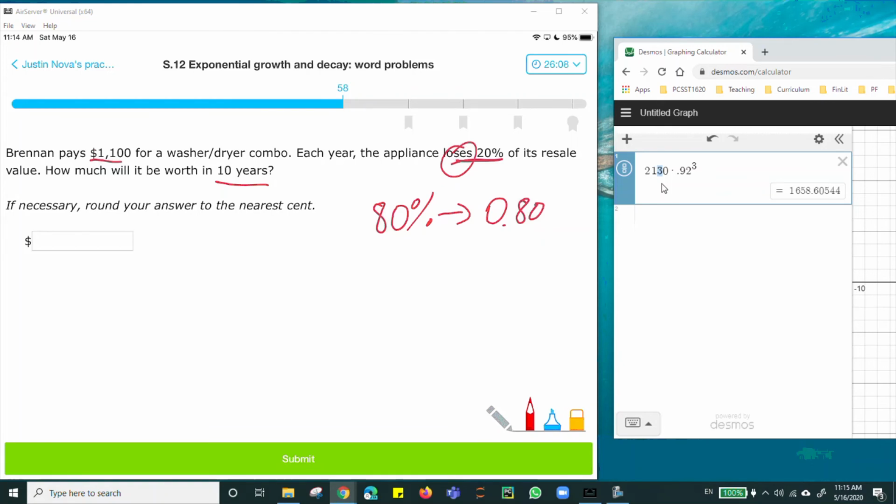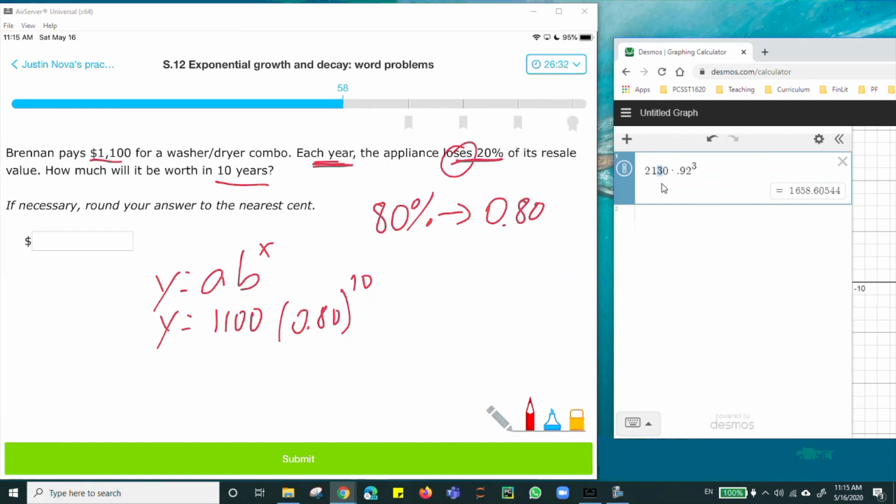So it says percent each year, so that's important. So y is equal to a times b to the x. The current value is 1100, and then I have 0.80, and then I'm going to have 10 years. Each year means 1, so 10 divided by 1 is 10.